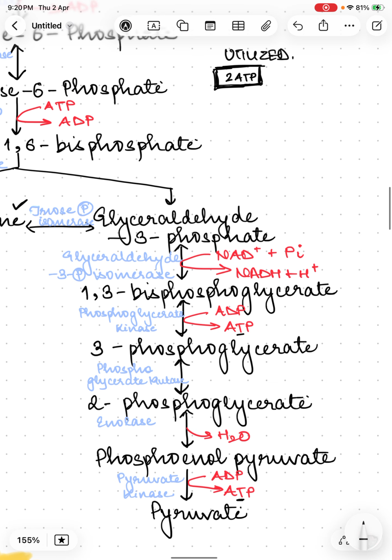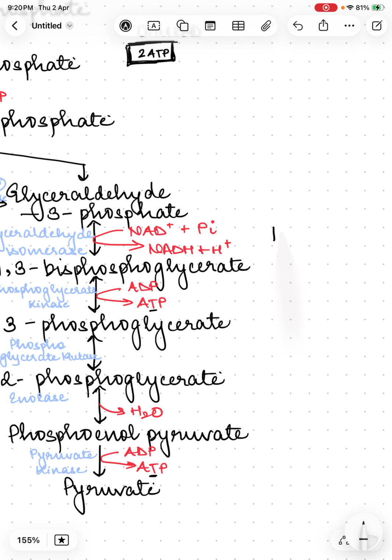Further, glyceraldehyde 3-phosphate gets converted into 1,3-bisphosphoglycerate by utilizing inorganic phosphate, and the enzyme involved in this reaction is glyceraldehyde 3-phosphate dehydrogenase. During this reaction, NAD plus gets converted into NADH plus H plus.